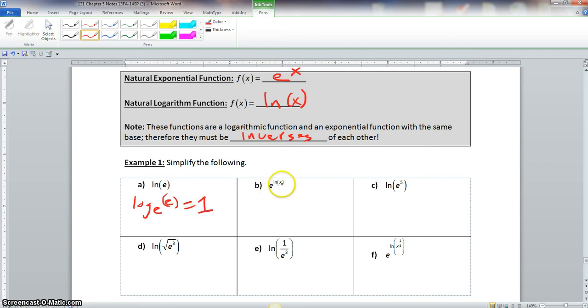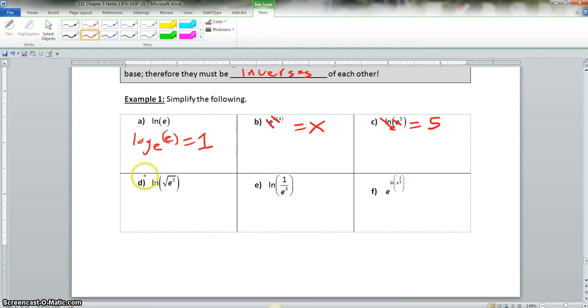Now e to the natural log of x, just like we did with our regular logs, they have the same base, so they simplify out and leave what's left, which is the x. Now we have the natural log of e to the 5th. So this base is assumed to be e for the natural log. And these will simplify out, and your answer is 5.